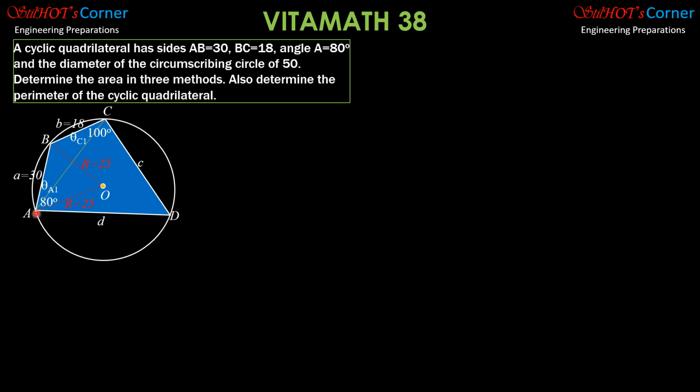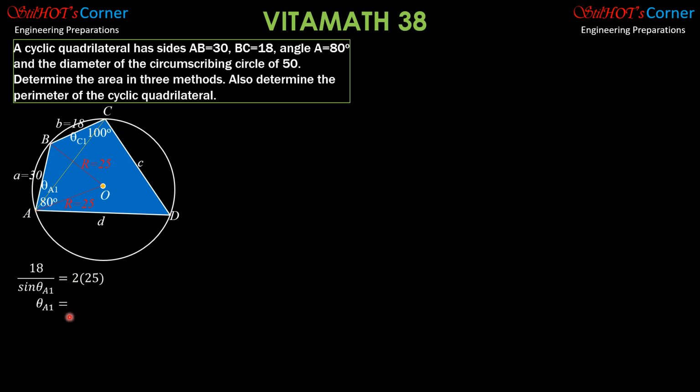So the area of triangle BAD, for example, plus the area of triangle BCD, because the angles are known and the sides have been determined as mentioned earlier. So first, 18 over sine theta A1 equals 2r, 2 times 25.